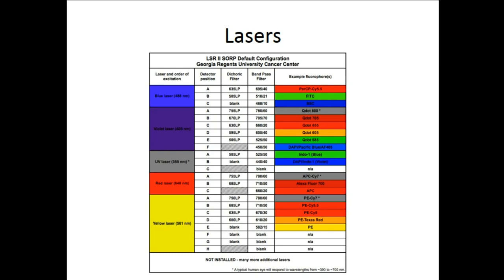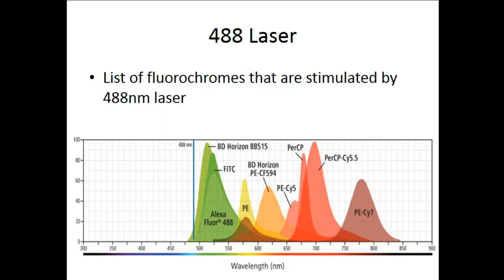I think the last amount I heard was that a flow cytometer could use up to 18 different fluorochromes because of the number of different lasers that the machine actually had. And here's an example of a laser that emits light at 488 nanometers.